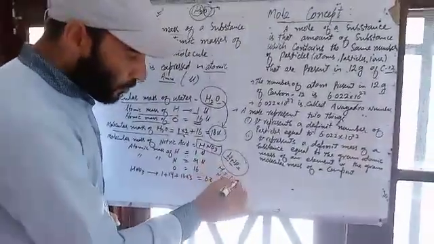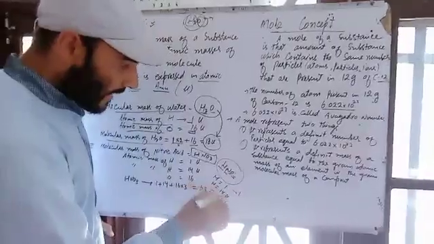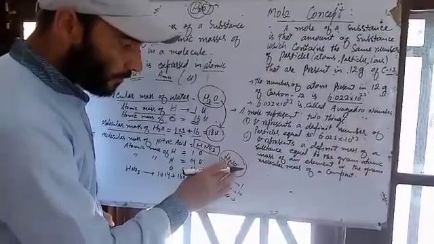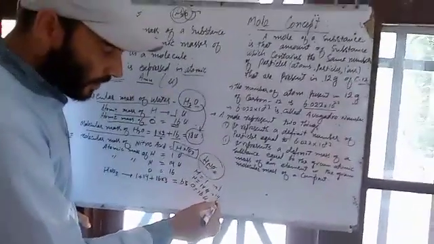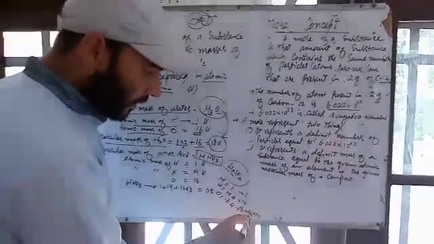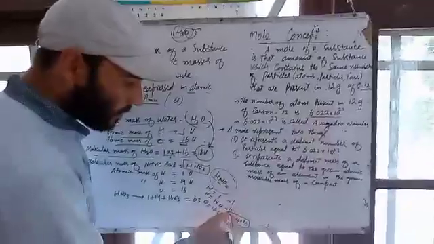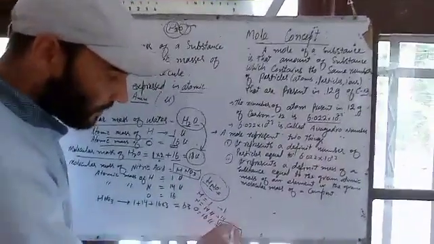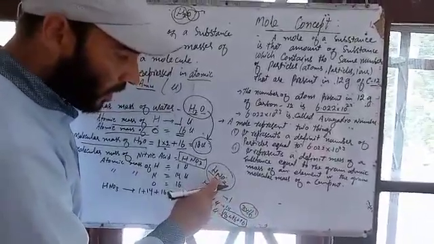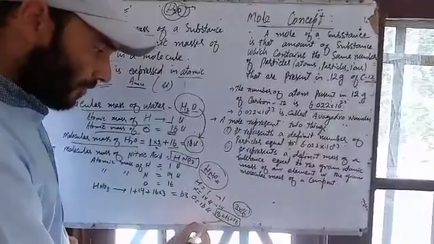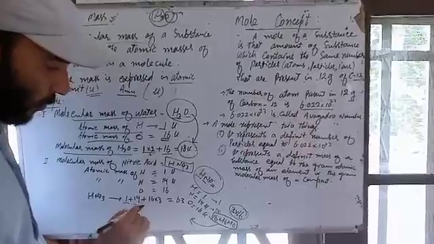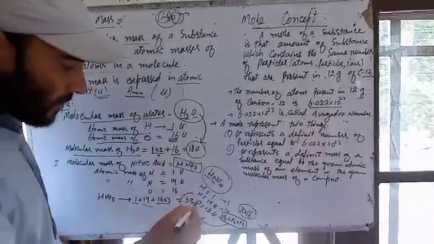Now hydrogen is only 1, nitrogen is also 1, that means 14, but oxygen atoms are 3. That means 16 plus 16 plus 16. In order to write 16 plus 16 plus 16, we can write 3 into 16. Therefore the total mass will become 1 of hydrogen, 14 of nitrogen, 16 into 3, and it will become 63 units.